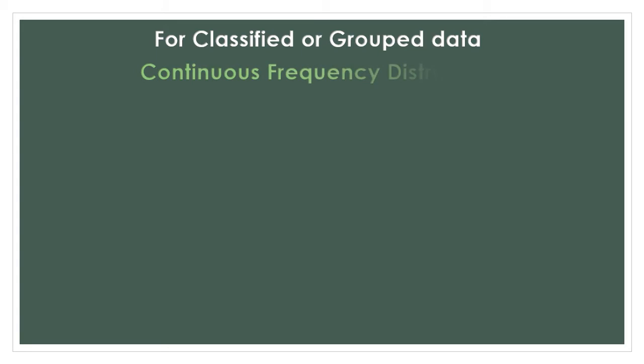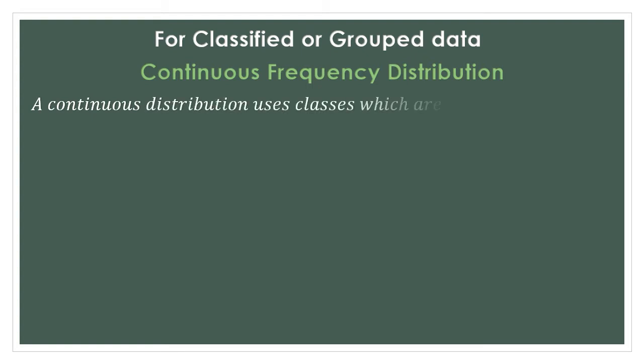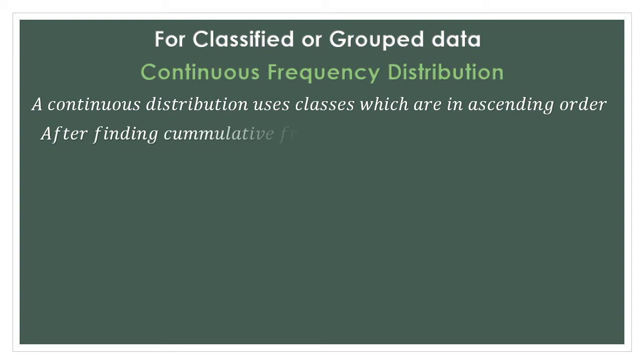The second part of the classified or grouped data, that is continuous frequency distribution. Now, for continuous frequency distributions, we don't have direct values, we have the classes. So, they are usually arranged into ascending or descending order, and therefore after finding the cumulative frequency for the given classes, the median class is found.